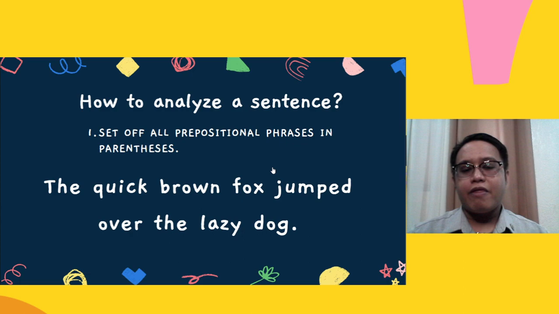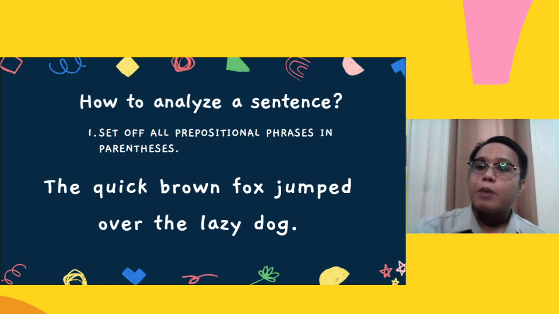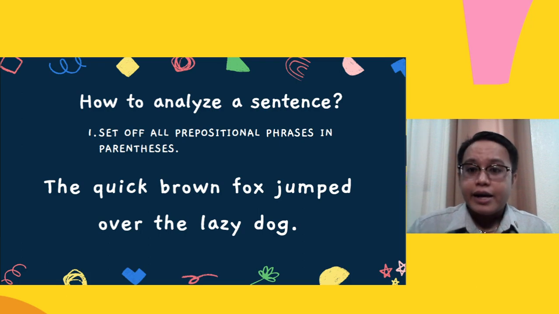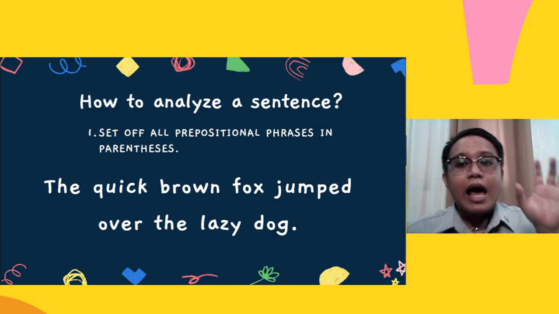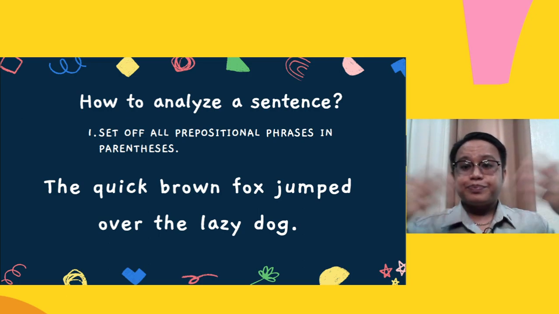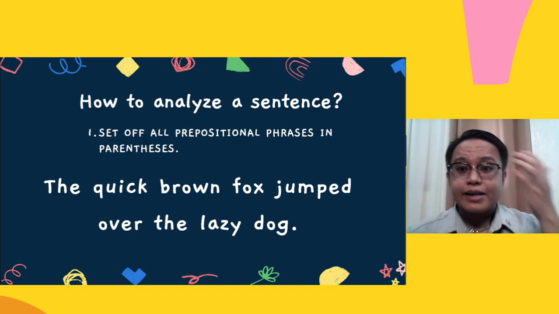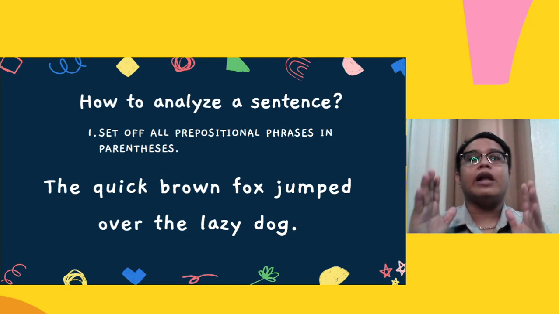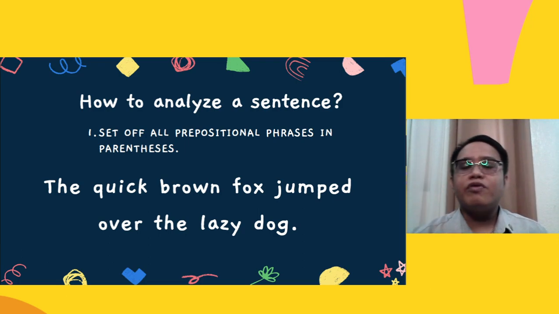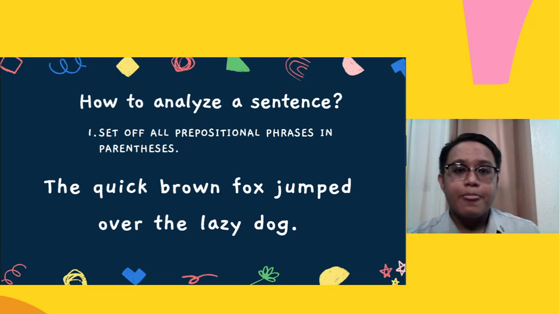You already know what the prepositions are, and you know what a prepositional phrase is. A prepositional phrase starts with the preposition and ends with the first noun you find in the sentence. For example: the quick brown fox jumped over the lazy dog. What is our preposition here?